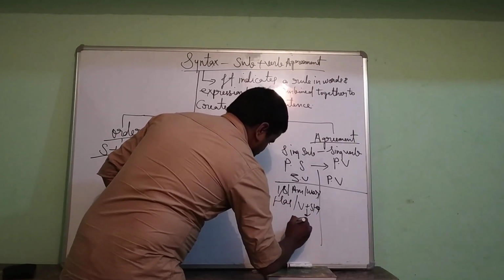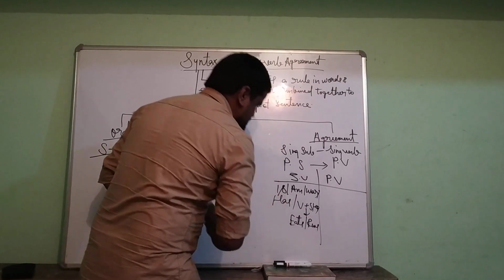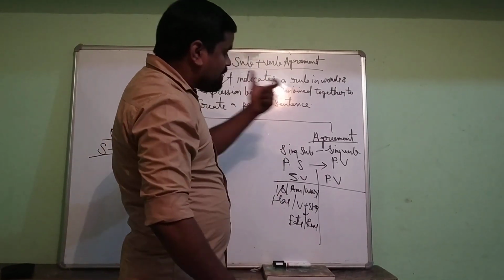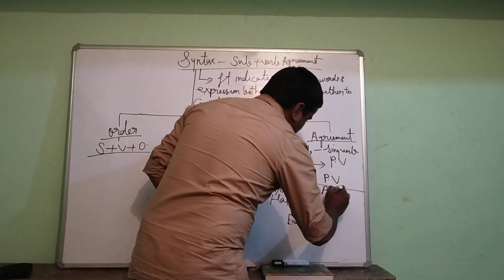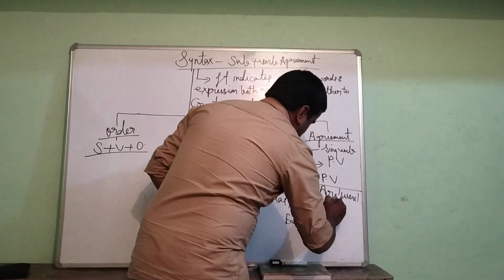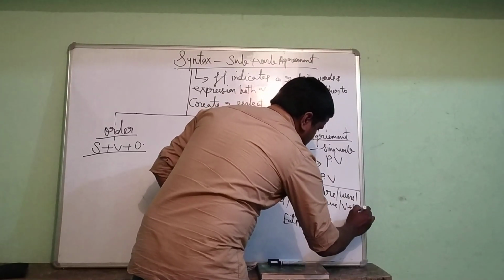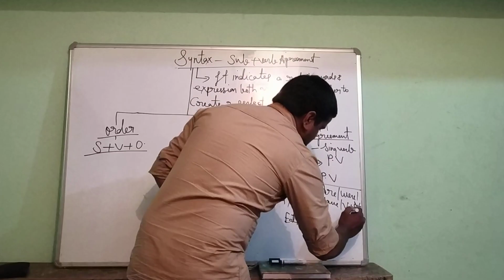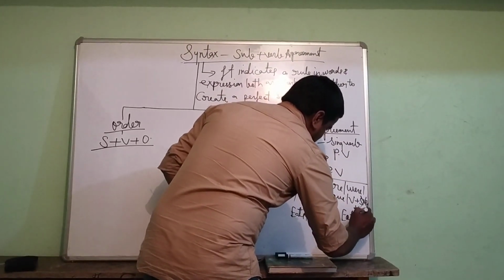Example: eats, runs. But if we talk about plural verbs: are, were, have, and verb without s or es. Example: eat and run.